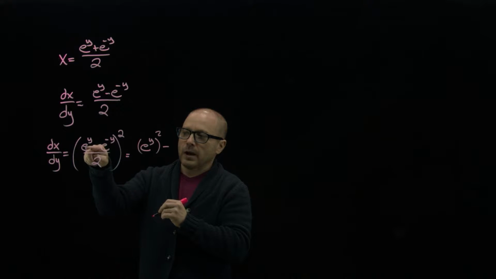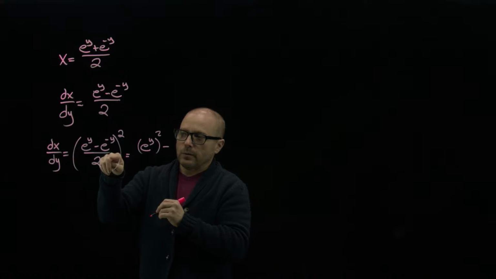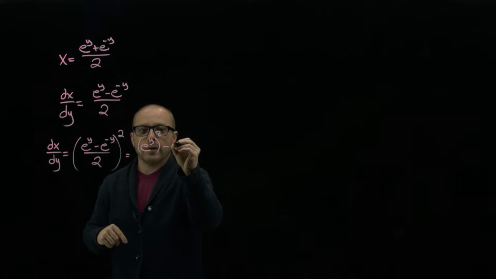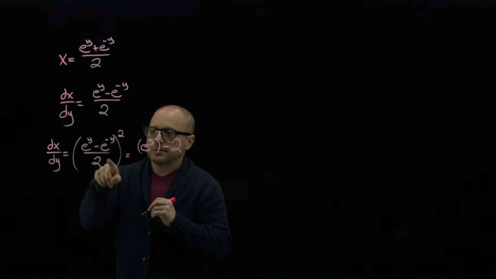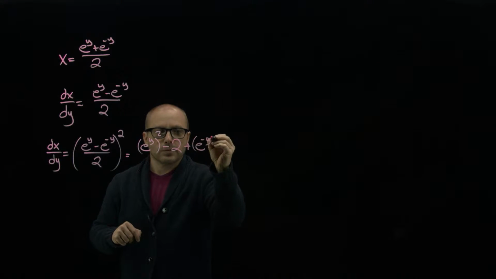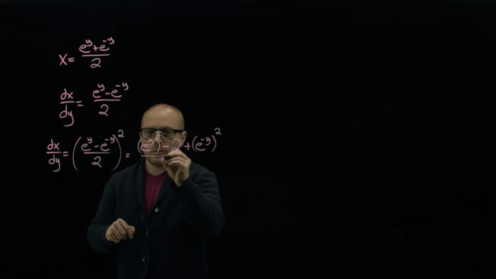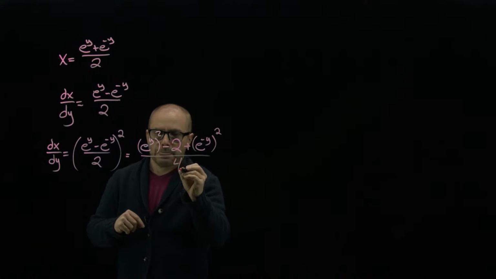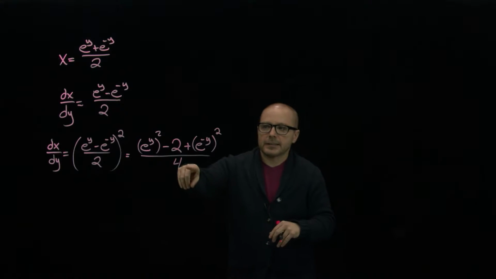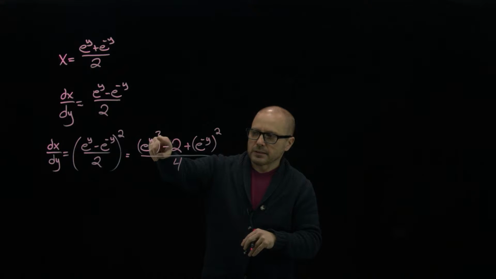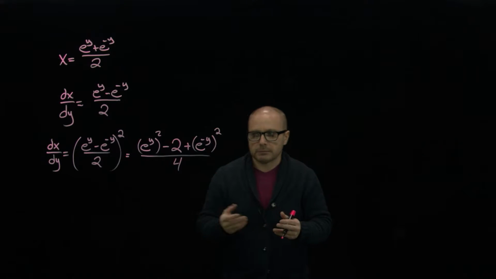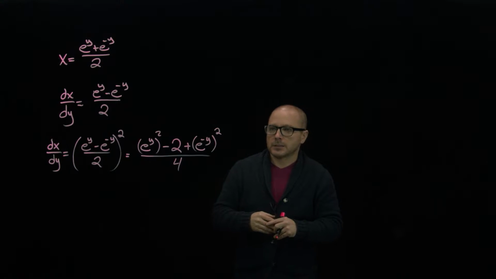Because it's e to the y, 1 over e to the y, and then there's a minus. So you have a minus 1, and then the other FOIL is another minus 1, so you have minus 2, and then plus e to the negative y squared all over 4. OK. And you could rewrite these. I like to, at this point, just rewrite this as e to the 2y. But you could leave it like that there.